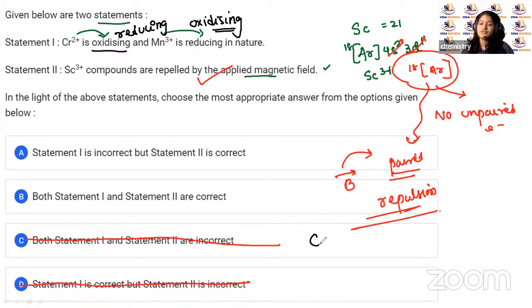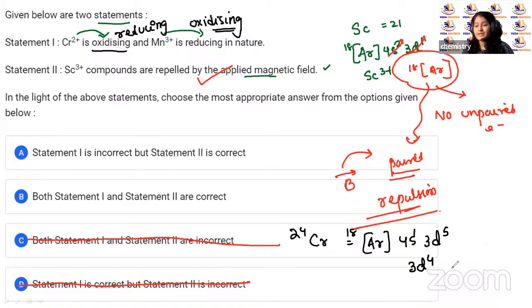Looking at the electronic configuration of chromium, children, chromium is 24: argon 18, 4s1, 3d5. If you have Cr2+, it is going to give you 3d4. If it is reducing, it is going to undergo oxidation itself, right?